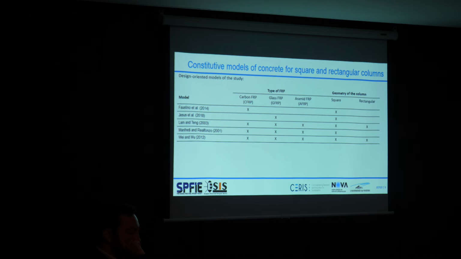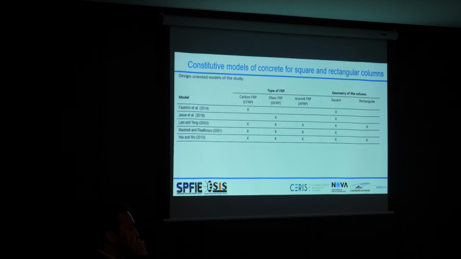For example, all these models can be applied to columns with square cross-sections, but only the model by Lam and Teng and the model by Wei Wu can be applied to rectangular cross-sections. Regarding the type of FRP, the models by Lam and Teng, Alfonso, and Wei Wu can be applied to all types of FRPs in the study: glass, carbon, and aramid.